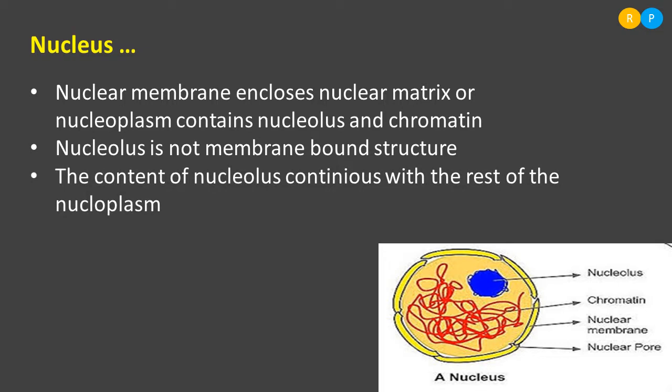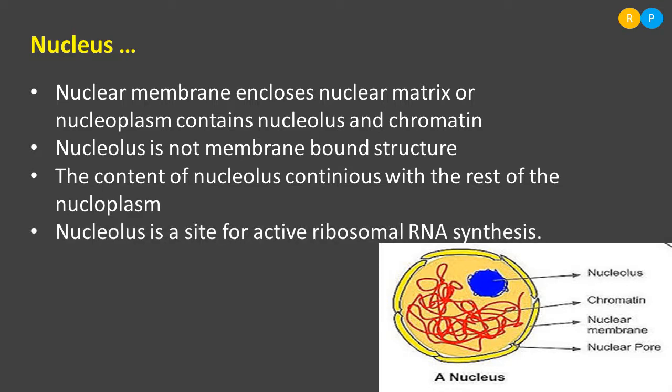The content of nucleolus continues with the rest of the nucleoplasm because of the absence of a nucleolus membrane. So the nucleolus does not consist of any membrane, so the content of nucleolus always continues with the rest of the nucleoplasm.